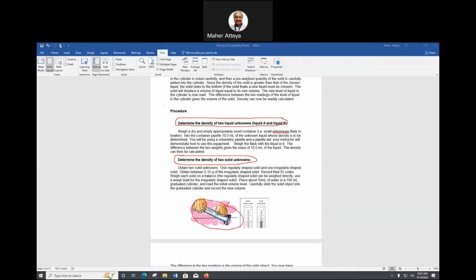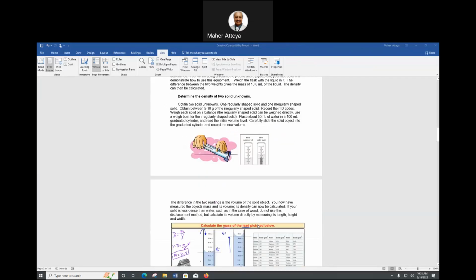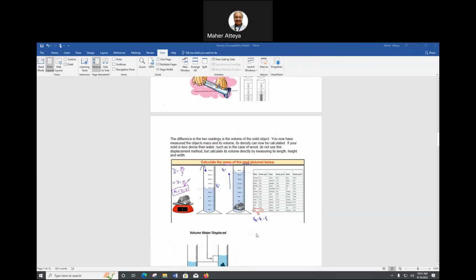Make sure that the water will not splash out of the graduated cylinder. Insert the unknown solids slowly, by feel. Don't just drop the whole thing in.